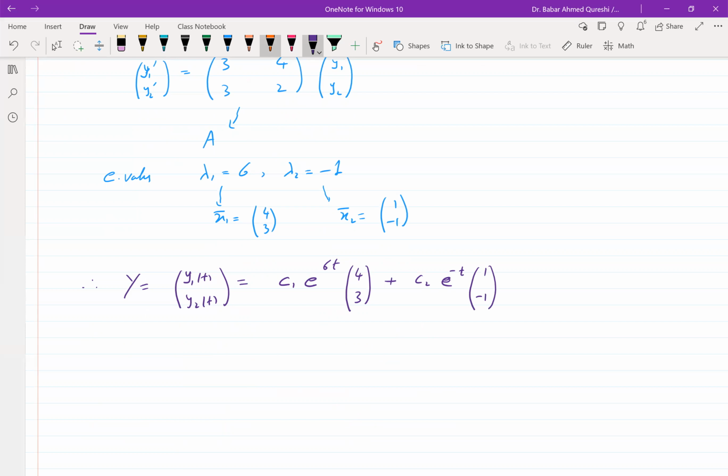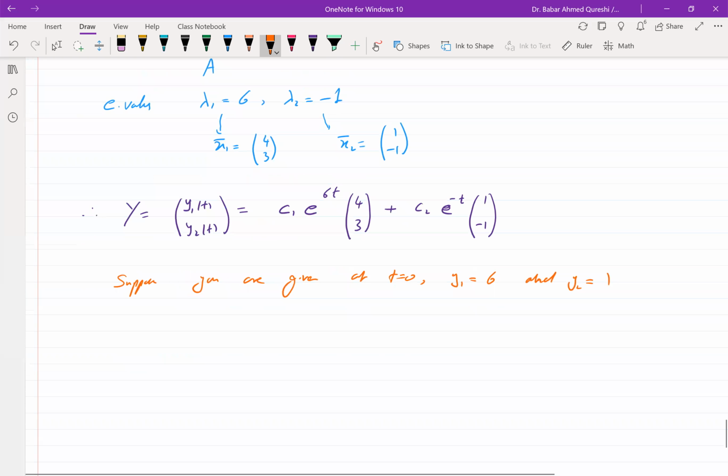So suppose you are given that at t is equal to 0, y1 is equal to 6 and y2 is equal to, let's say, 1.